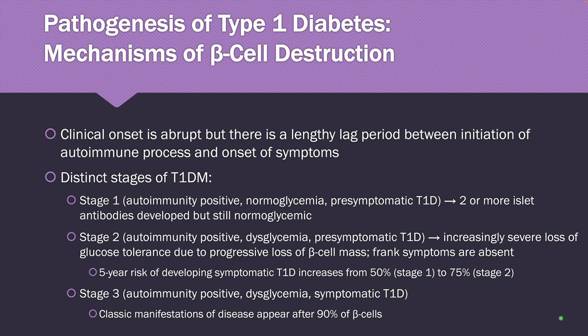And from stage 1 to stage 2, tumataas ang rate to developing symptoms from 50% to 75%. It's when you are in stage 3 na kung saan meron ka ng outright symptoms sa patient mo. And by this time, the beta islet cells are around 90% destroyed na.